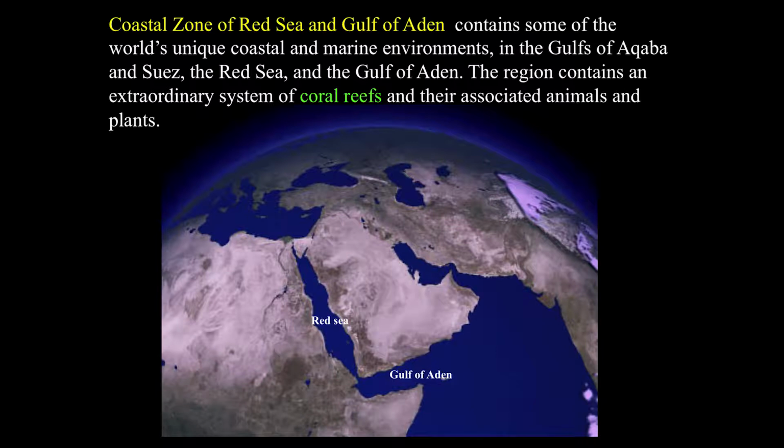Surrounded by arid terrestrial environments, which are themselves unique, these environments support rich biological communities and representatives of several endangered species. These natural resources have supported coastal populations for thousands of years and nourished the development of both a maritime and trading culture, linking Arabia and Africa with Europe and Asia.